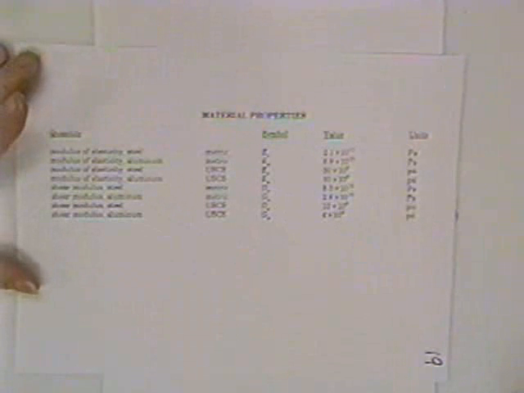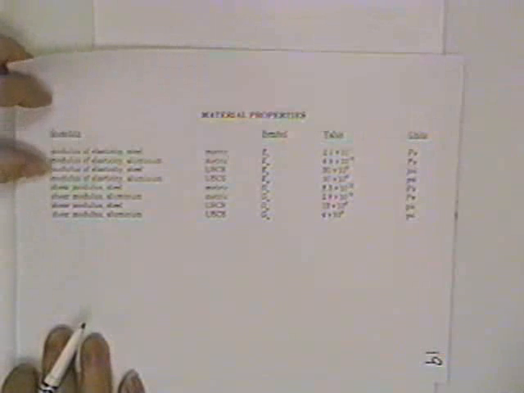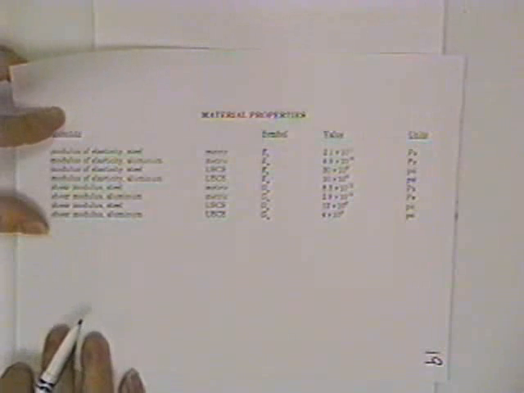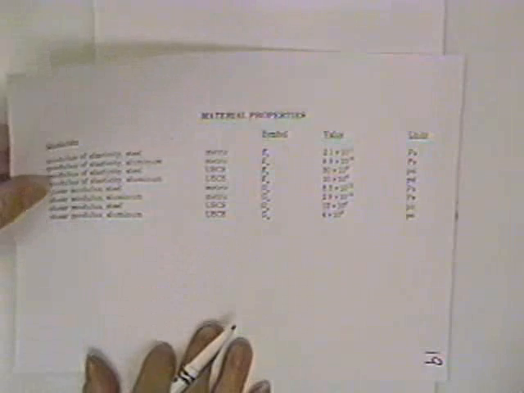All right, there's also that table I was telling you about on page 32, just so you kind of know what it looks like. It gives you material properties for steel and aluminum in both metric and standard units. I'm not sure he'll use that on anything.